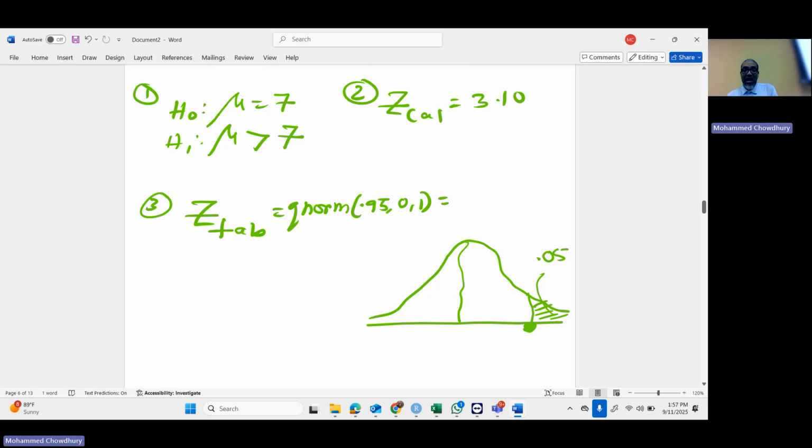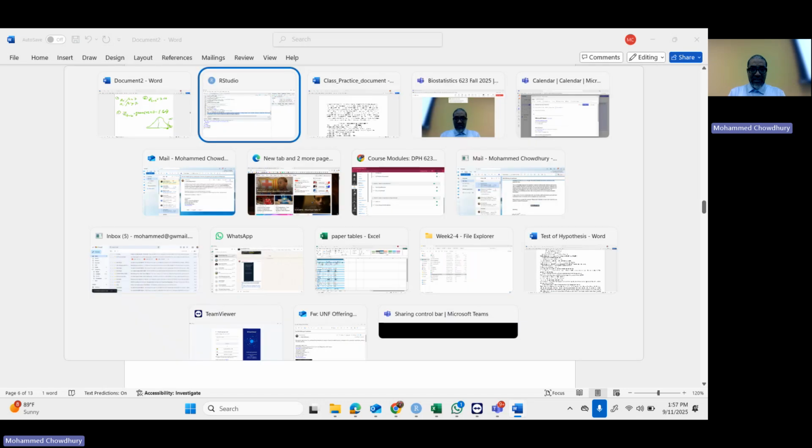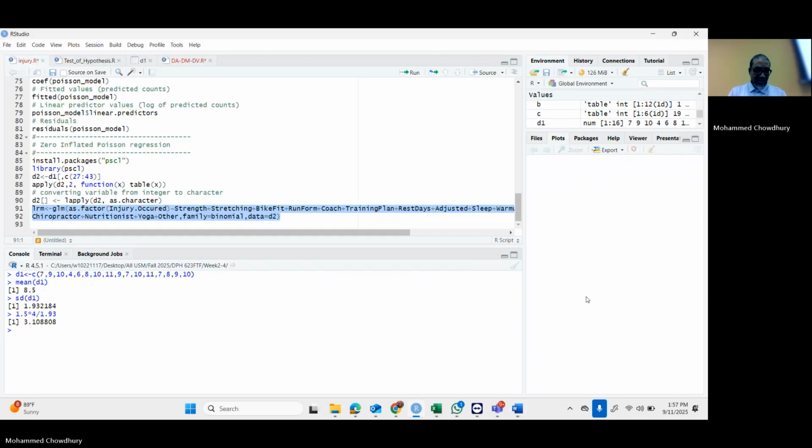So now I want to find it here and it should be 1.64, which I am writing from memory. But if you take a look, I can write here qnorm(0.95, 0, 1), and it gives 1.64.